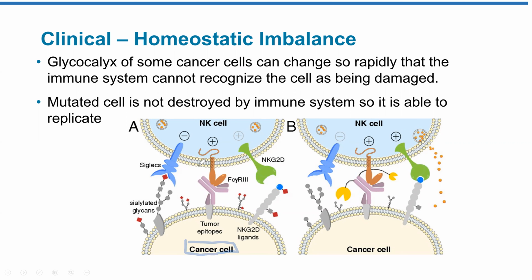Now, to do that, to recognize the cancer cell, the natural killer cell must, it's shown over here. So there are lots of receptors, and some receptors need to be activated, and some receptors should not connect to this sugar on a cell.